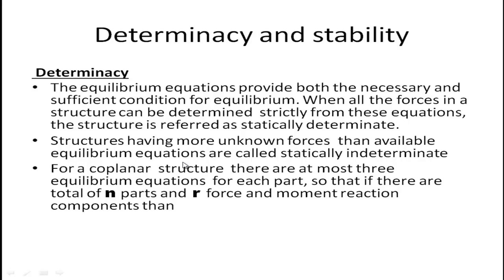For a coplanar structure there are at most 3 equilibrium equations for each part, so if there are a total of n parts and r force and moment reaction components, then the equation from which we can calculate the determinacy of a structure is given as r = 3n, where r is the force and moment reaction components and n is the number of parts a structure has.